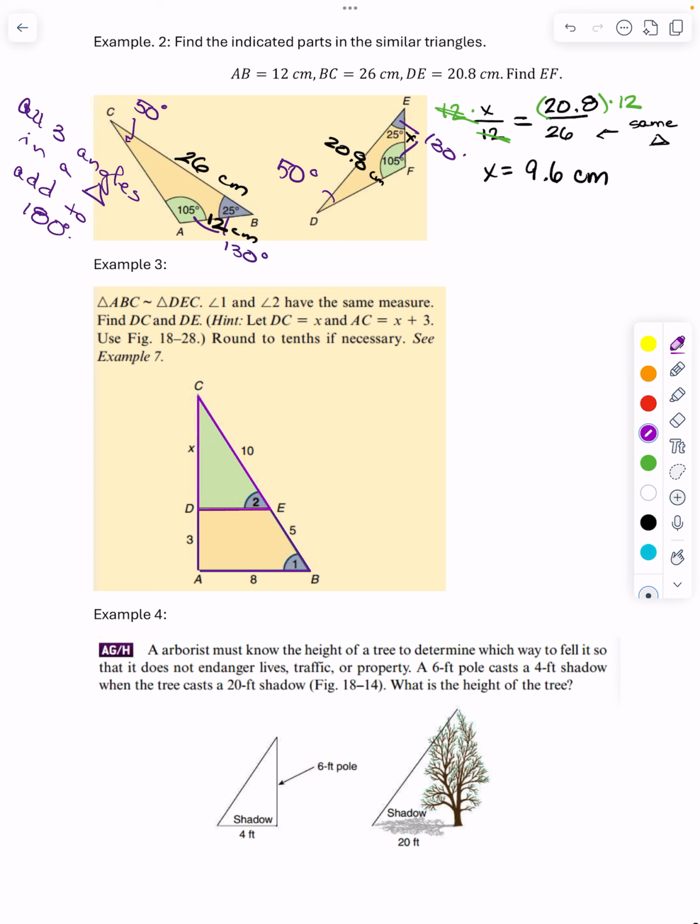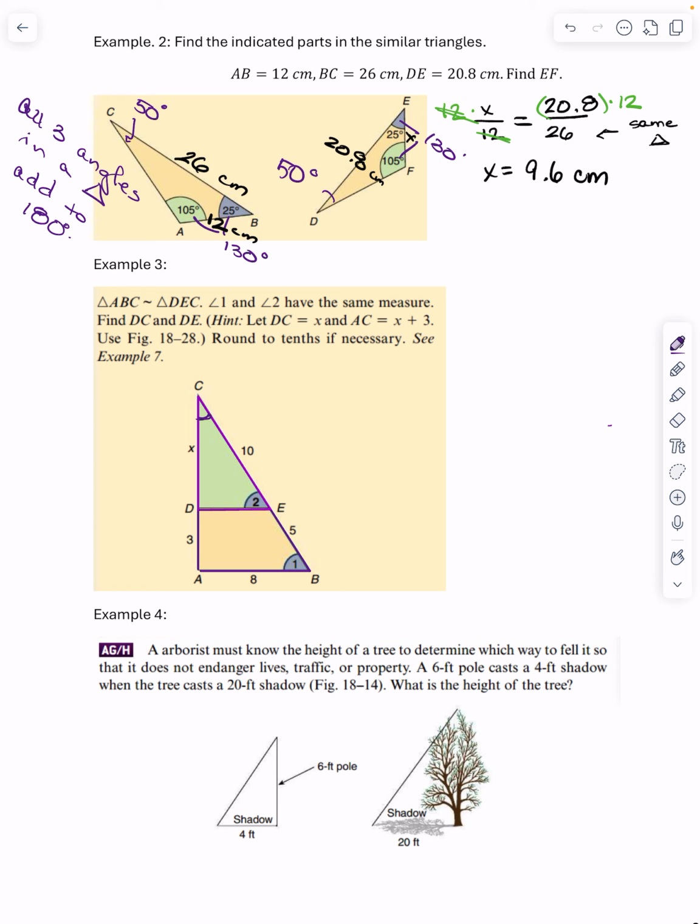Now, 1 and 2 have the same measure. They're similar, so we actually know that all 3 angles have the same measure. I do want to point out that a lot of times when we look at these, we kind of miss the fact that this angle C is the same angle in both triangles.